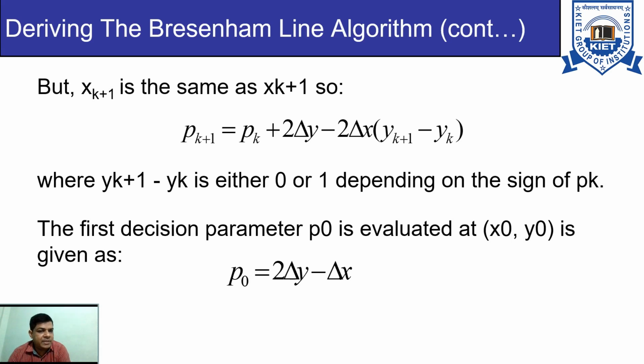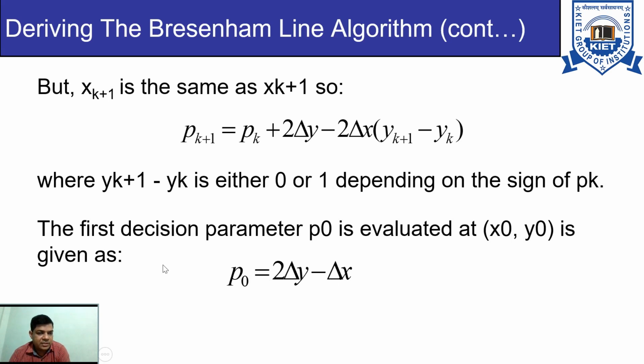Now here we are taking a decision. The value of yk plus 1 minus yk could be either 0 or 1, and it depends on the sign of pk. We will see this in the coming section, in which case we take the value as 0 and in which case we take the value as 1.